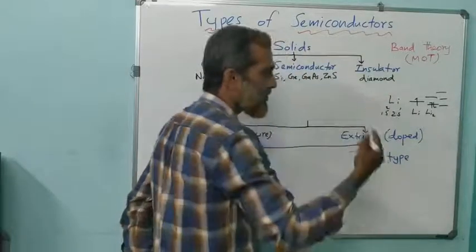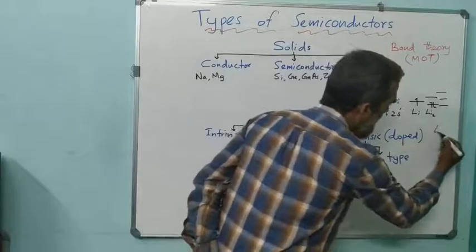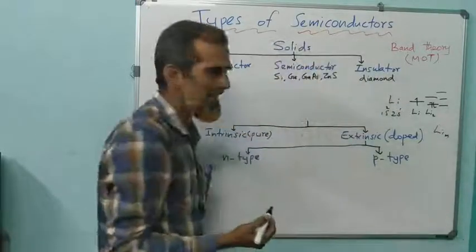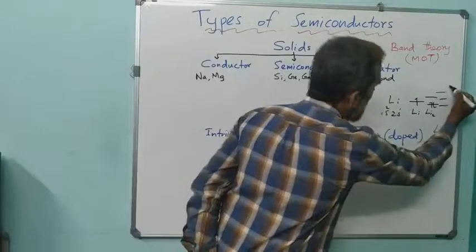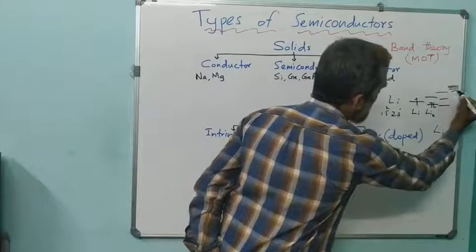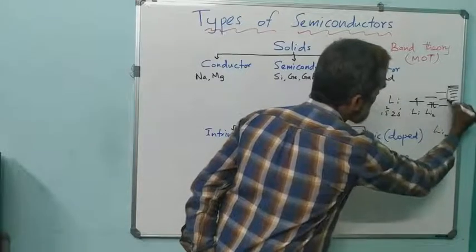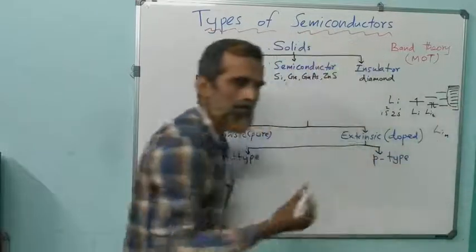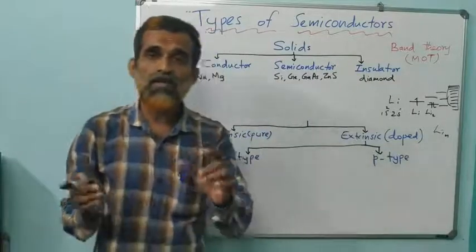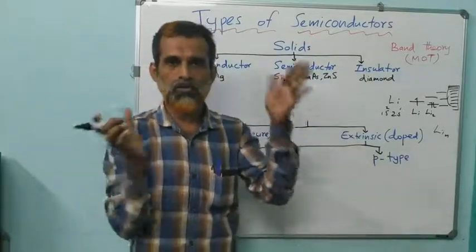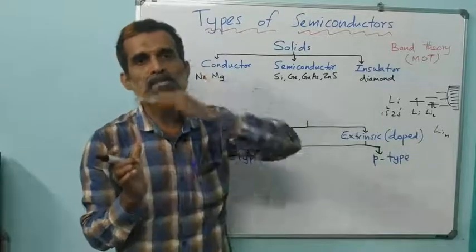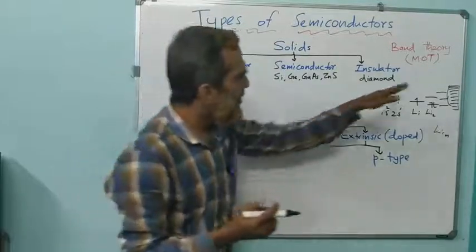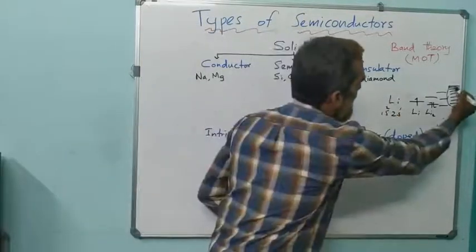When we go to Lin, that means many atoms joined, all the MOs are very close and it forms almost like a band, right? So atomic orbitals of many atoms combine to form closely spaced molecular orbitals which appear like a continuous band.